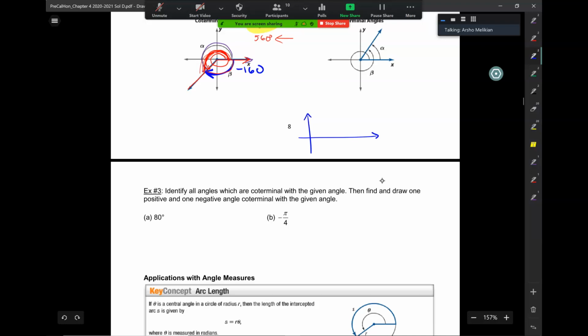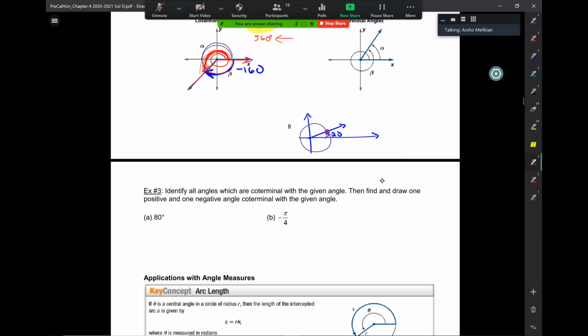What I'm going to do next is show you a way that we can do it every single time. If I have an angle here, let's say it's 20 degrees. How much from this point should I go around in order to get back to the same place? 360. So if I go 360 in the positive direction or 360 in the negative direction, I get back. What if I go 360 and another 360 and another 360?